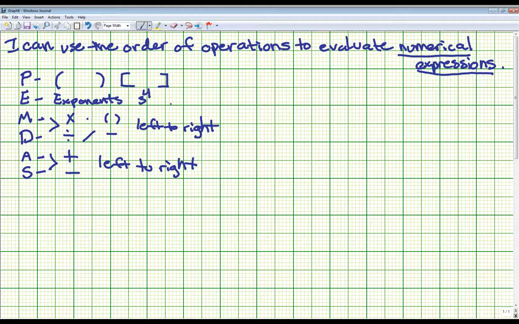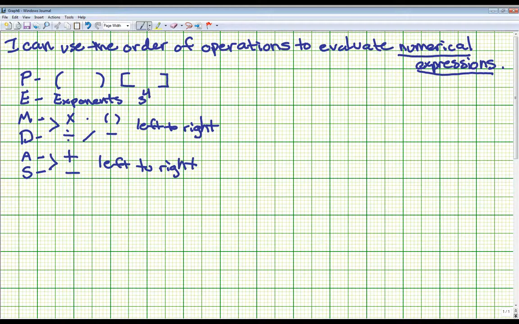So those are the order that you want to stick to when you're looking at an expression. And if you go out of order, for example, if you start with addition and then do your parentheses and then do your multiplication, then do your exponents, you will probably not get the correct answer. So this is all to make sure that you can find the right answer each time you have a problem. So that is our vocabulary for today.